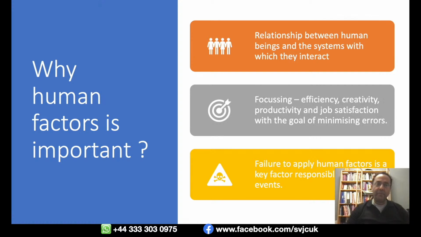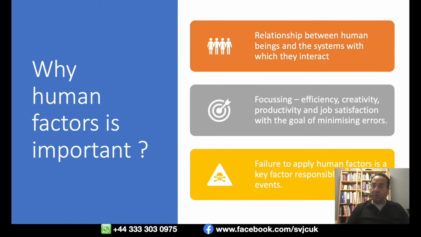So the same principles of human factors apply in medicine. The science of human factors explains why we make mistakes and how we can design a workplace to minimize mistakes. The concept of human factors explains how we interact with each other in the workplace, how we interact with the physical environment, how we interact with the equipment, and how we interact with the processes of care.